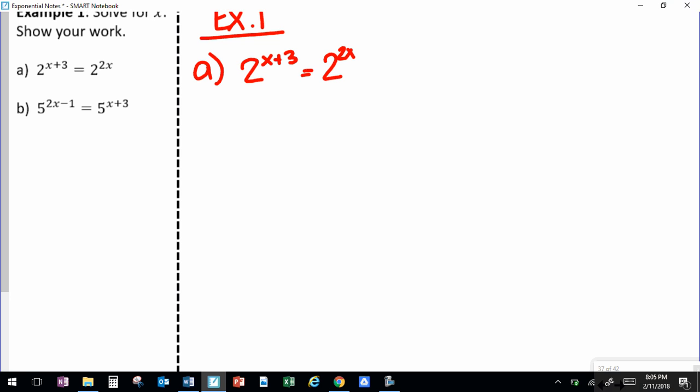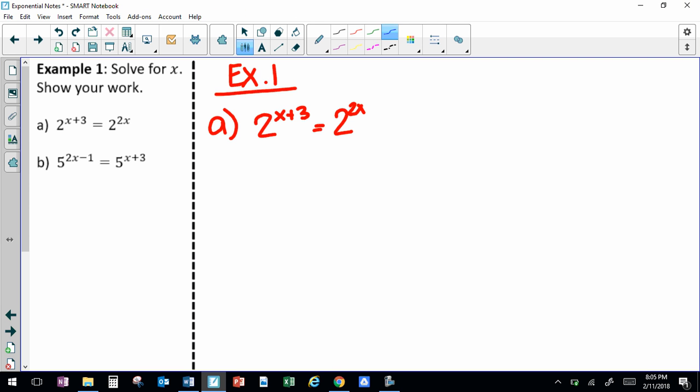We see that we have the same base, 2 and 2. So once you have the same base, then this exponent has to equal this exponent. That's what we're going to do to set our equation up so we can solve for x. We don't want to do guess and check. So once your bases are the same, then set the exponents equal to each other, and then we just solve.